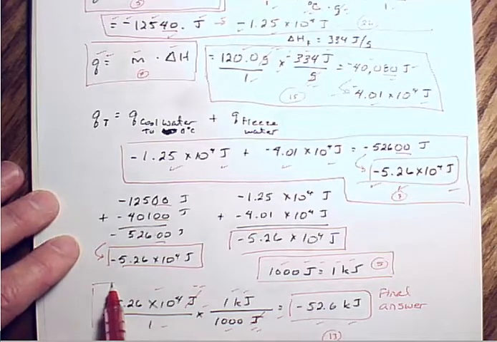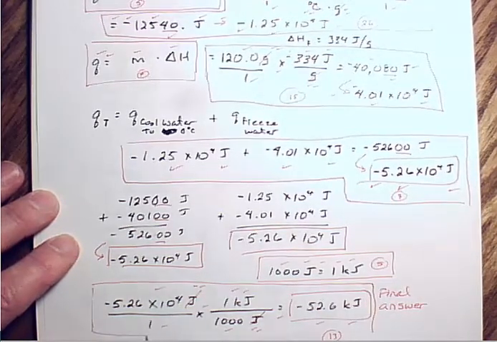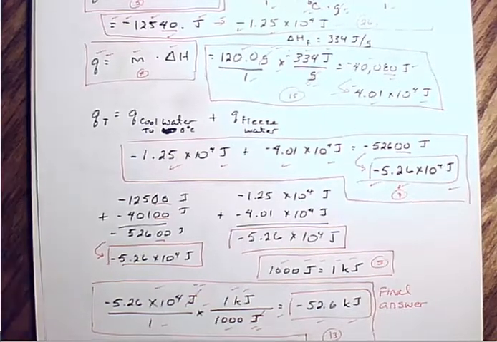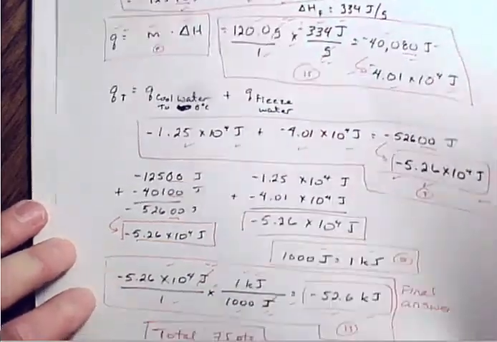Correctly converting to kilojoules, whether you do it at the very end like I did or in steps with all the cancellations and operators and units of measurement and stuff, is worth 13 points for a total of 75 points for everything.